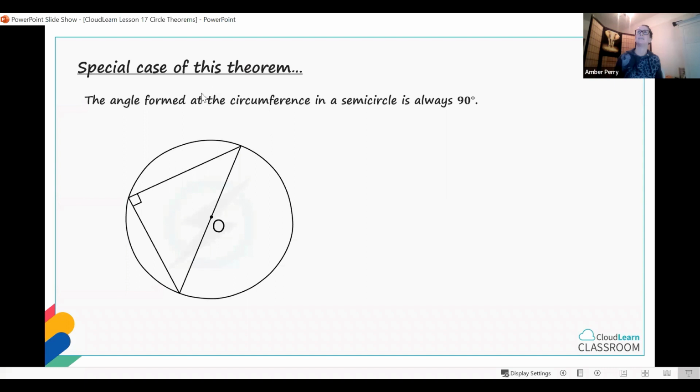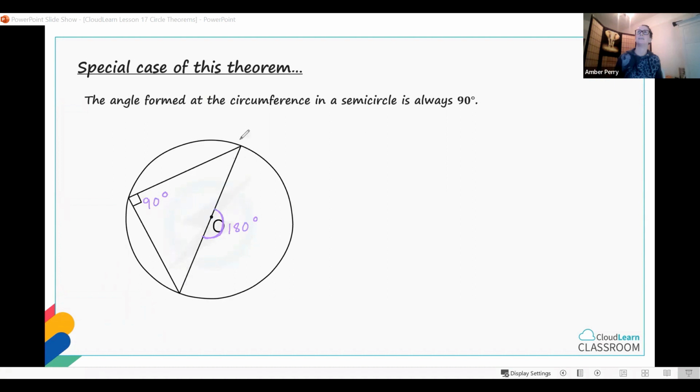Now, this is another circle theorem. It's a special circle theorem. It's actually a special case of this theorem because the angle at the center is always twice the angle at the circumference. So if this is the angle at the center, but it's 180 because it's a straight line, then the angle at the circumference will be 90. Okay, so if the angle at the center is 180, that means that the line it's formed by must be a diameter.